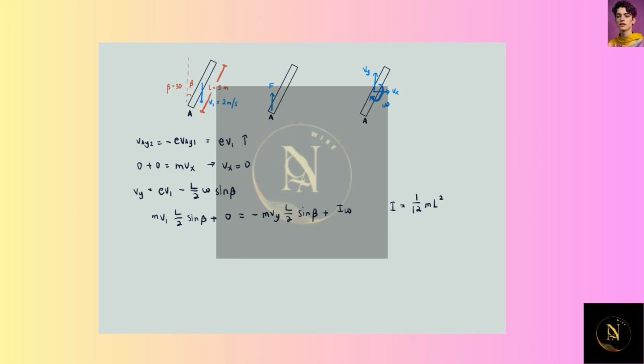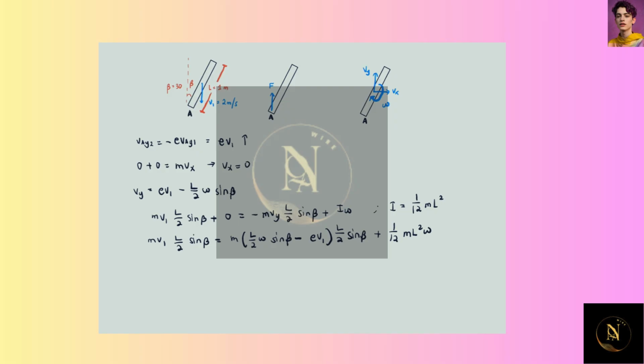Now, substituting this and also the equation for vy in this equation, this will become m v1 L over 2 sine beta equals m times L over 2 omega sine beta minus e v1 times L over 2 sine beta, plus 1 over 12 m L squared omega.